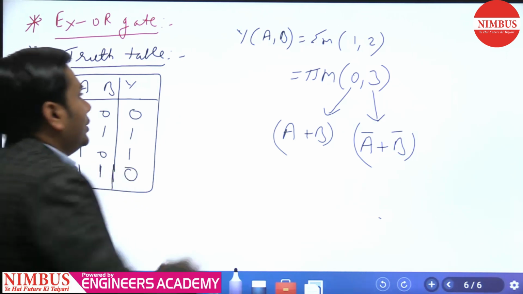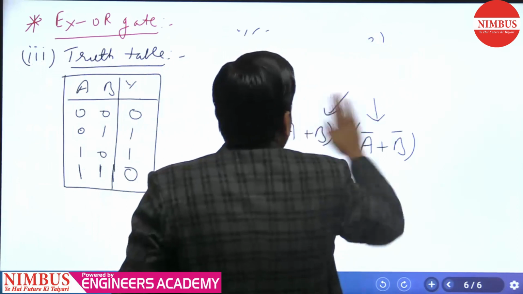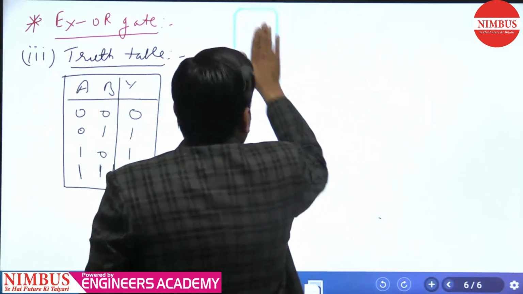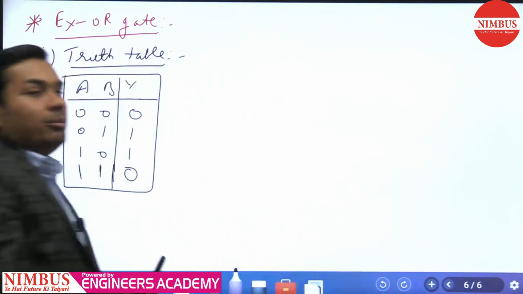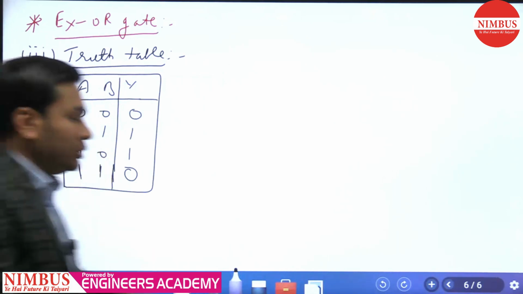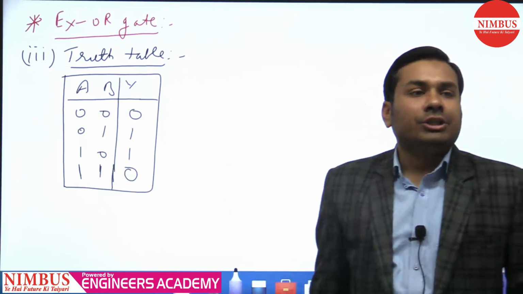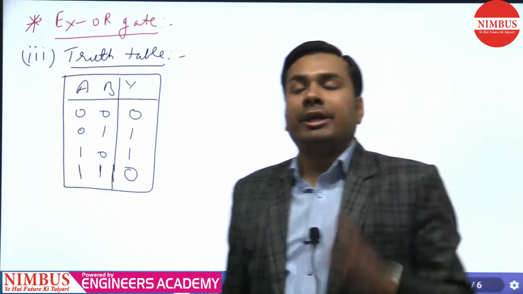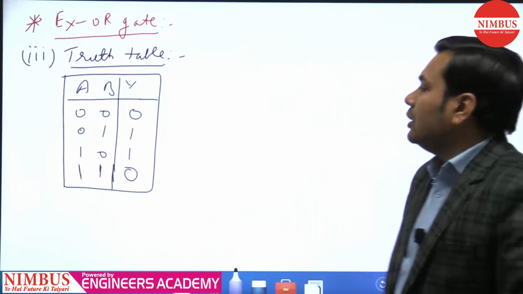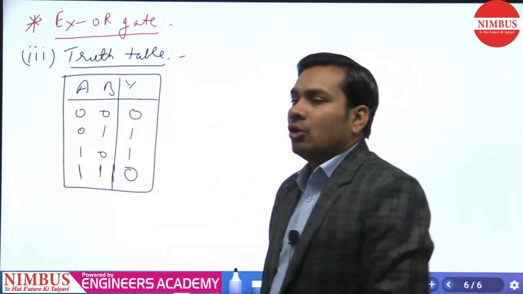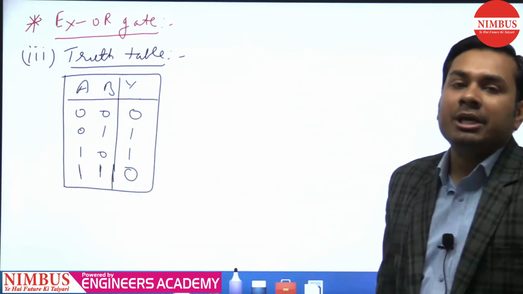That means for the XOR gate, if we are having the same input, then the output will be at logic 0. That means if both of the inputs are at the same logic, the output will be 0.